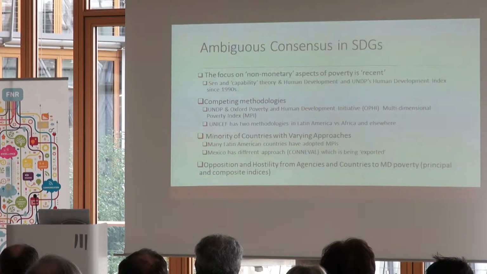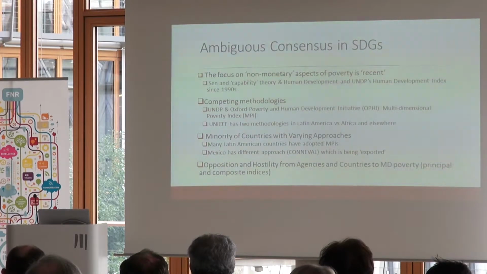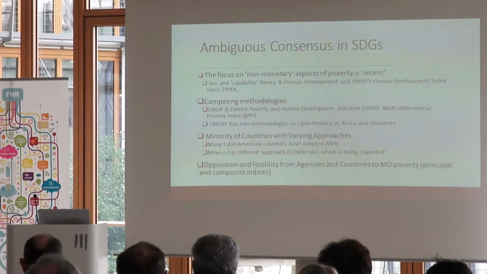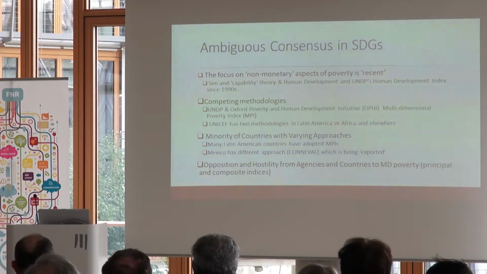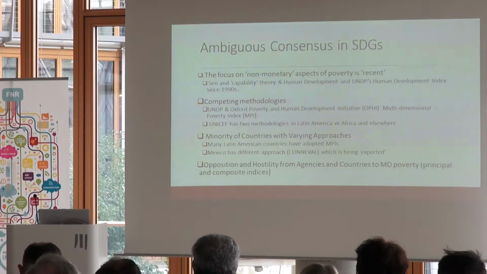So we have a range of approaches to multidimensional poverty. But more than that, we actually have opposition to thinking about poverty in multidimensional terms. We have organizations and agencies who are hostile to either the current measures or to producing a multidimensional index at all.